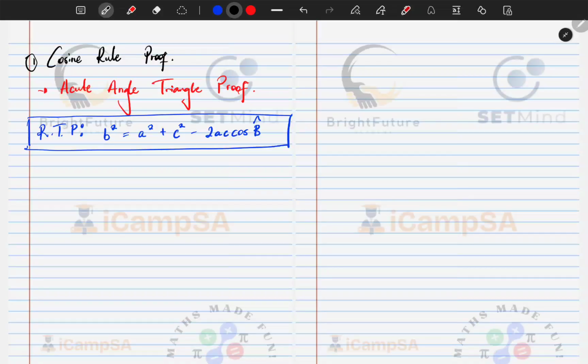So let's get into it. Remember, we are trying to prove it for an acute-angled triangle, so let's draw our triangle.